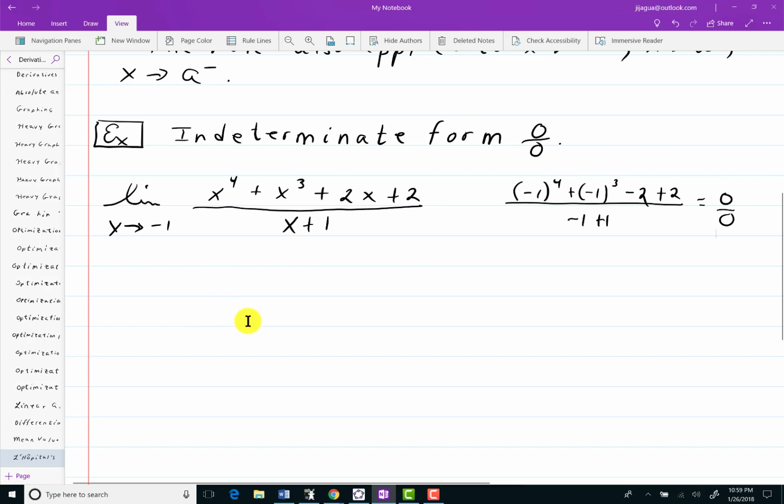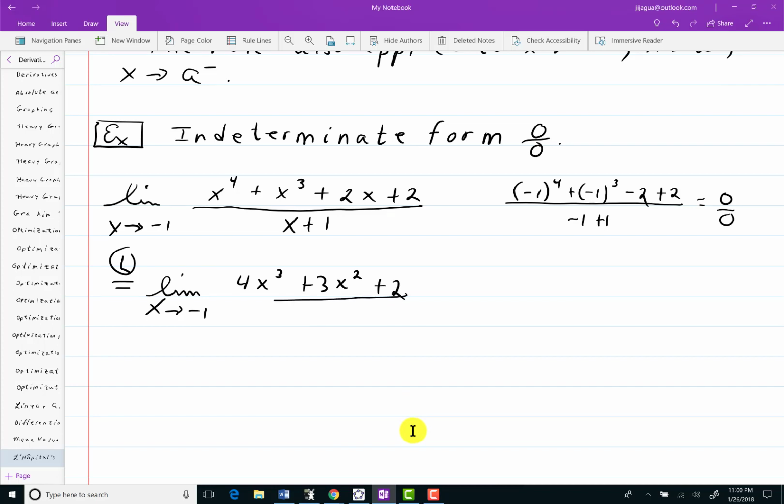I like the way a book did this once before, and I'm going to use that myself. They put a little L with a circle around it to indicate when L'Hopital's rule had been invoked. So that means I'm going to take the derivative of the numerator. I'll get 4x cubed plus 3x squared plus 2 all over 1. The derivative of x plus 1 is 1.